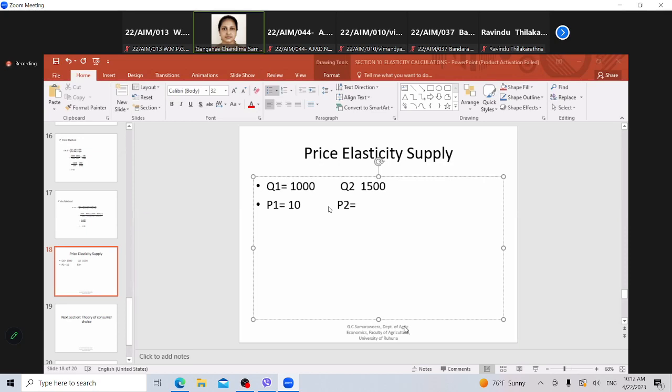In case of demand, Ravindu's answer is correct. Quantity demanded increased because price is low. I think you are still in that mind. What happened now, Ravindu? Now quantity supplied has increased. Then what should be the price, low or high?